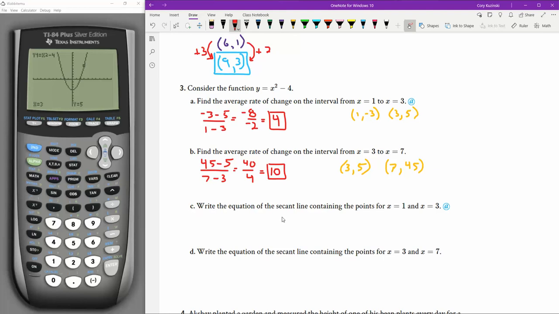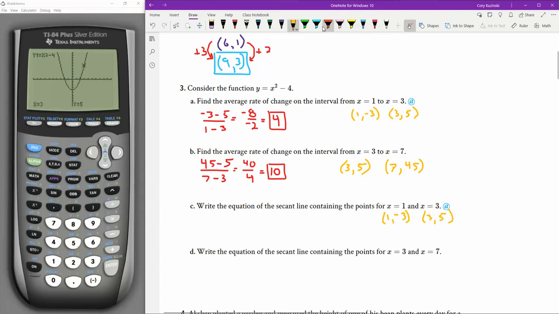Write the equation of a secant line between these points. Okay, a secant line. Well, we already know when x is 1, y is -3. And we know that when x is 3, y is 5. So we already know that this slope right here is going to be true again. Okay, so it's the same one. So we already have the slope. We just have to figure out the y-intercept. Oh, you know what?